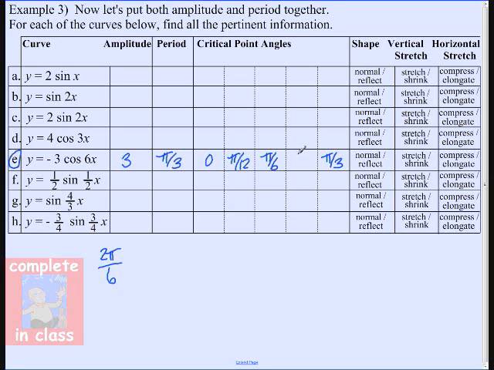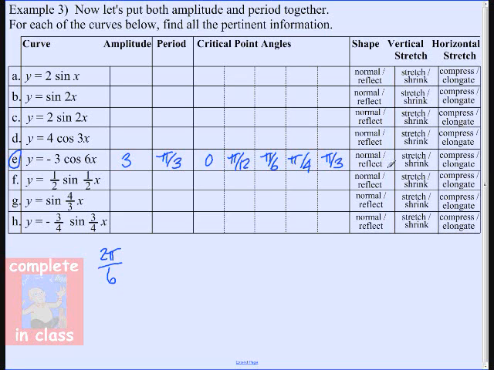So this will be 3 pi over 12. Oh, really? 3 pi over 12? Well, probably shouldn't write it that way because 3 pi over 12 is the same as pi over 4. Pi over 4.